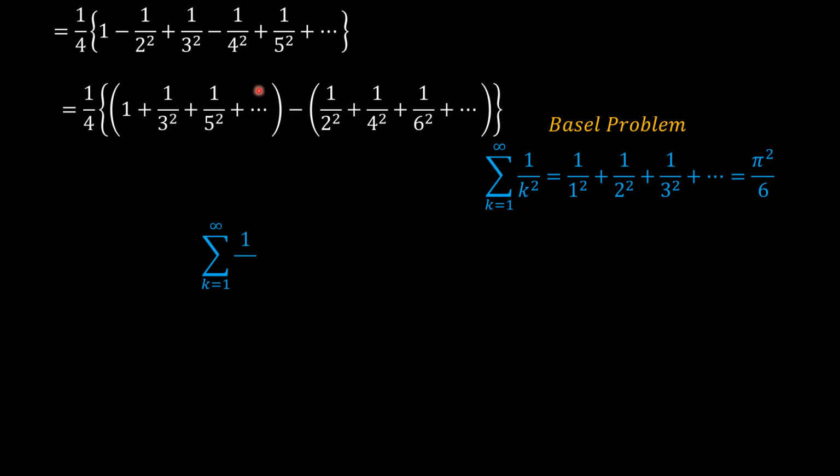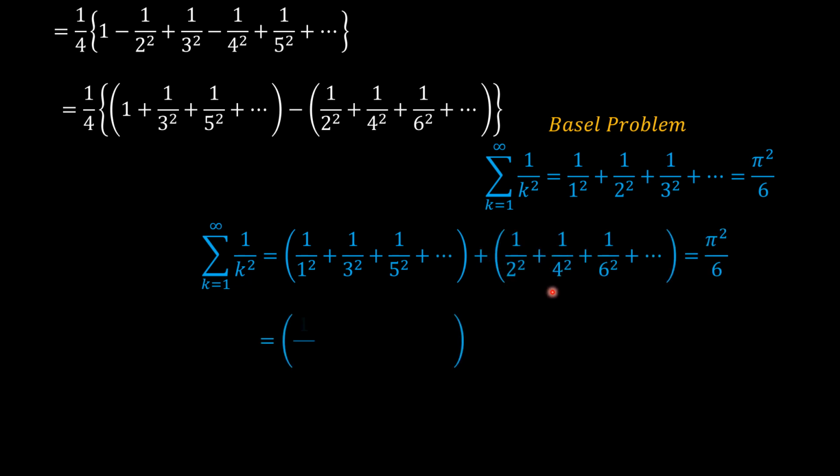So to find out what the odd terms and the even terms add up to, first of all, we can recreate our sum as it is, and then we separate the odd and even terms as shown here, and then we can pull 2 squared out from the even terms, such that we're still left with 1 over 1 squared, 1 over 2 squared.